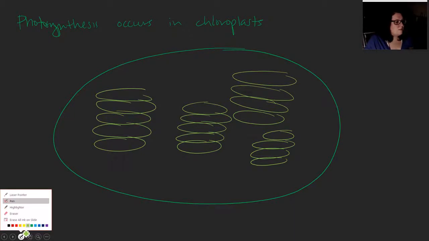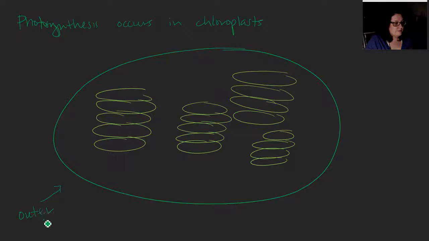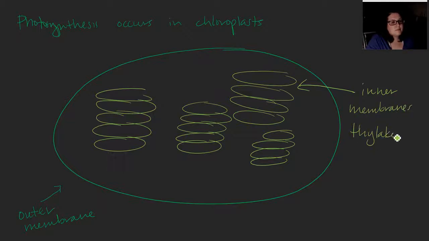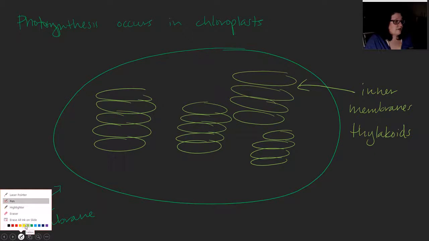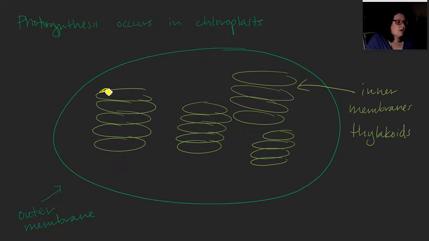And so how this works, we have our outer membrane, again, just like the mitochondria. And then we have our inner membranes, and these are called thylakoids. I'm not sure who came up with that name. It seems a little weird to me. So these thylakoids are green, and that's because we have chlorophyll molecules all along them.